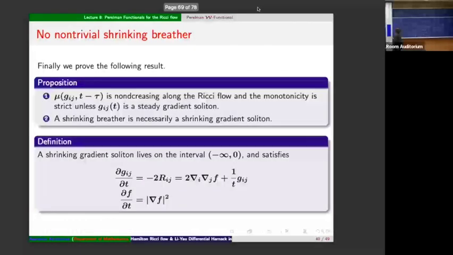So you can have this proposition, just as we have under the F functional. We can have a shrinking gradient soliton that lives on the interval from minus infinity to 0 and satisfies this system. And this is where we are going to stop for today.